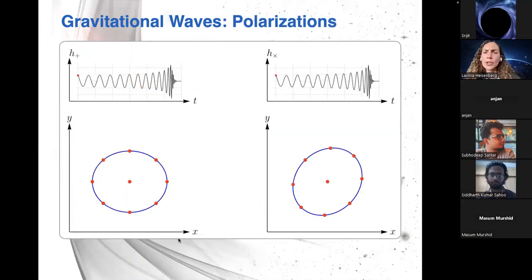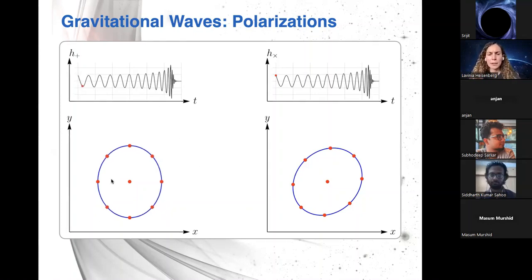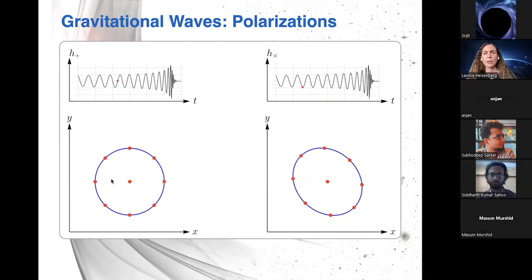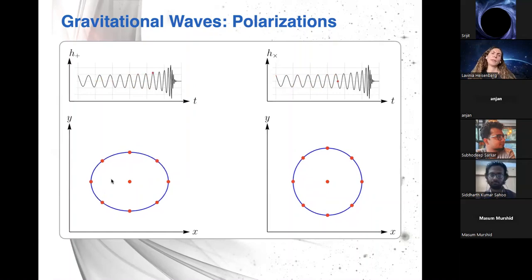Okay? And in standard general relativity, you have these two strains, these two polarizations that you can measure. Basically, they are called h plus and h cross. And they can be visualized by the way they change test masses. So when there is a wave with this type of polarization, how do these test masses change? And here you can see for these two different polarizations that the h plus does this movement and the h cross does this movement.